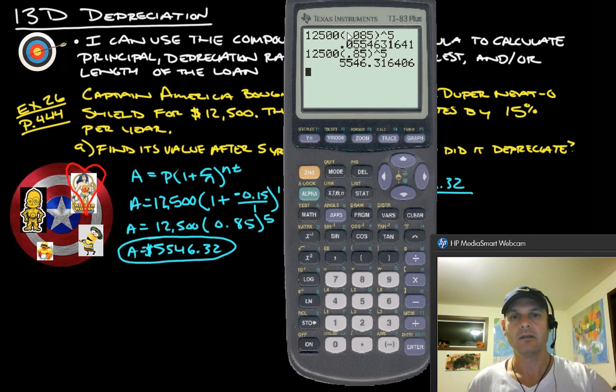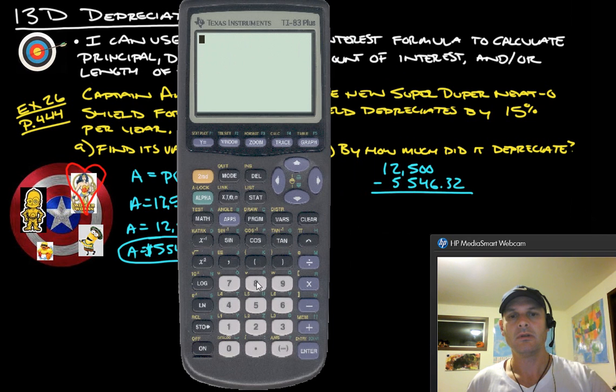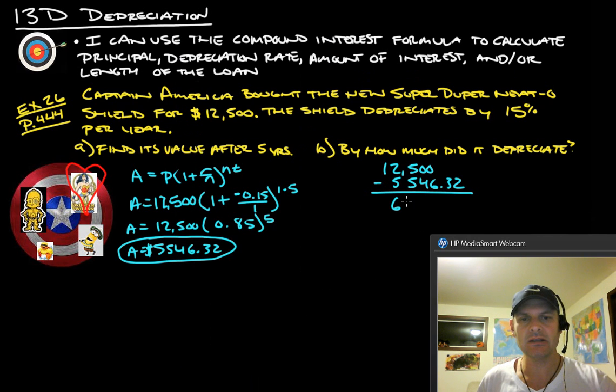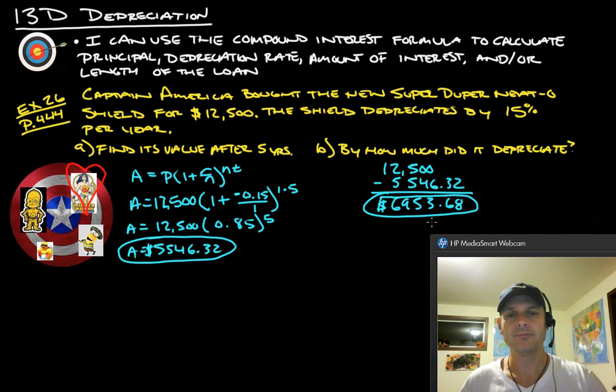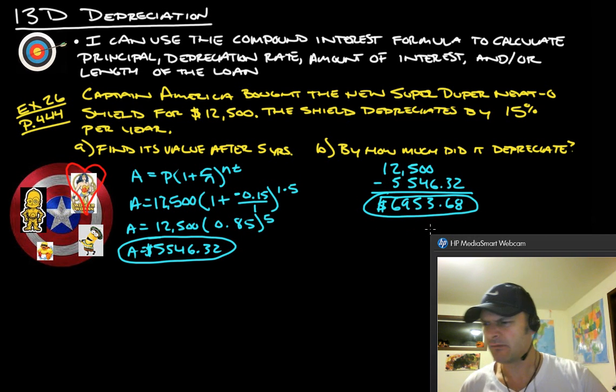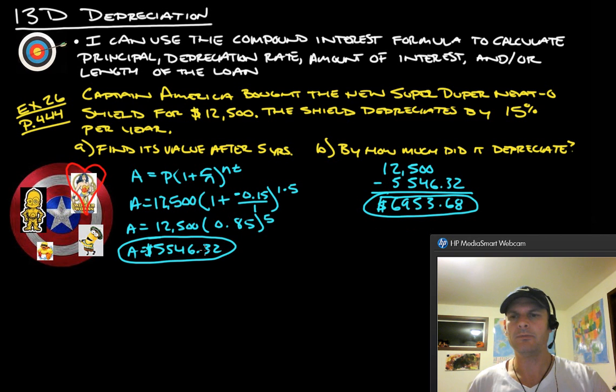All right, so let's do that. 12,500 subtract 5,546.32, and we get 6,953.68. So that's how much it depreciated. All right. So that's the first one.